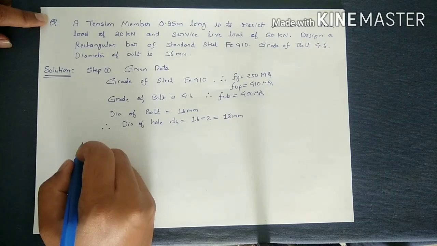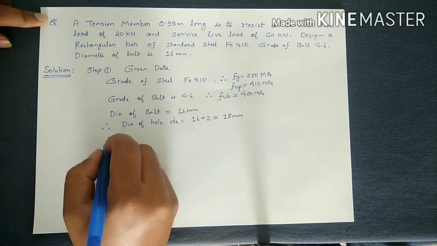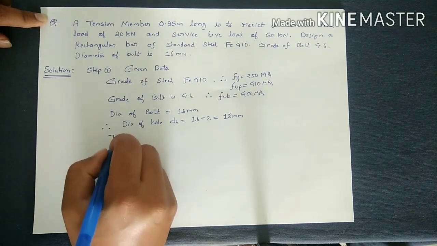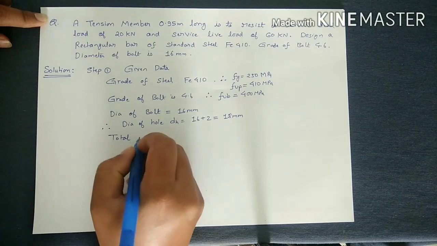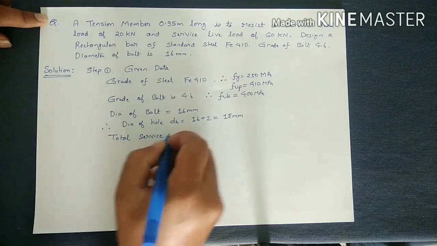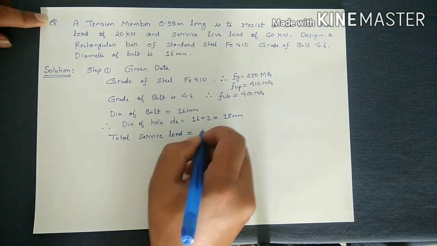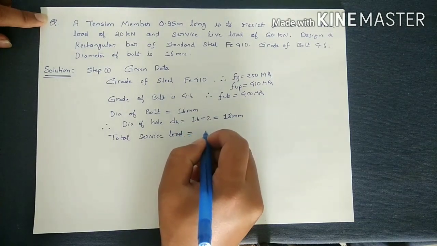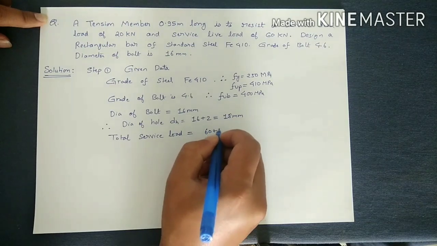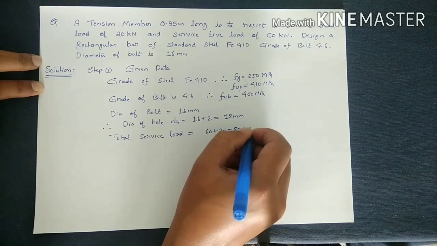In the question it is given the service dead load and service live load. Therefore total service load will be equal to 60 plus 20, that is 80 kilonewton.